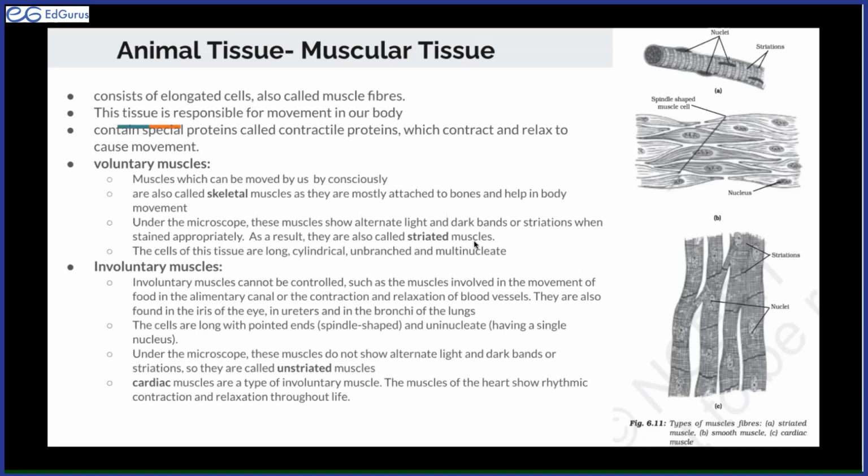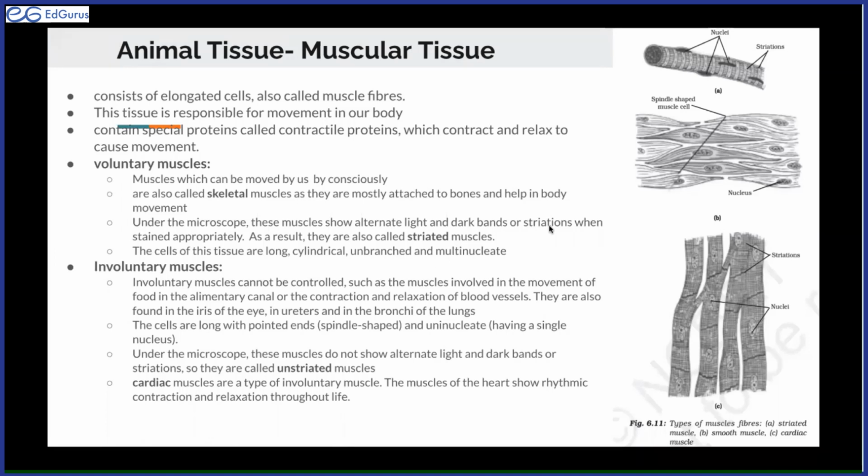Multinucleate means multiple nuclei. So here you can see that A is striated muscle. This is what a voluntary muscle looks like. So basically they're also called skeletal muscles or striated muscles, and the cells are long, cylindrical, unbranched, and multinucleate.